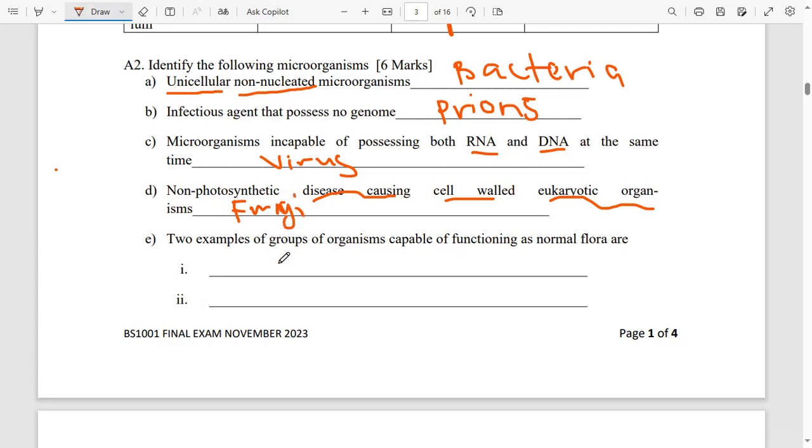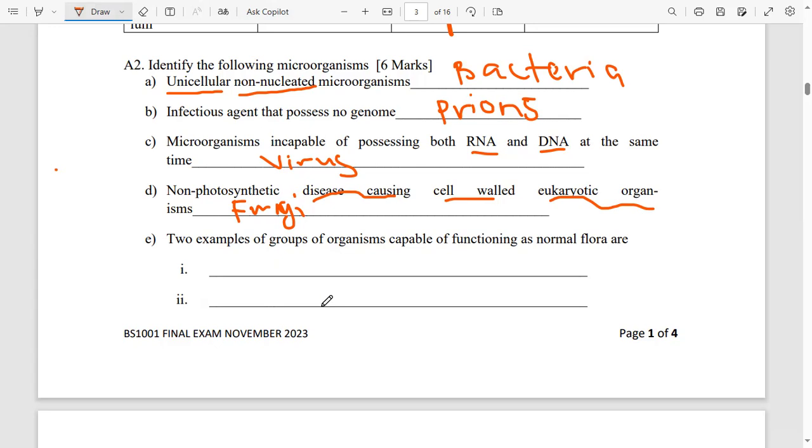All right, so we have named all those microorganisms, and then E, they're saying give 2 examples of groups of organisms capable of functioning as normal flora. Normal flora is simply those organisms that come into the body but do not harm it. Instead, they become beneficial to the body.